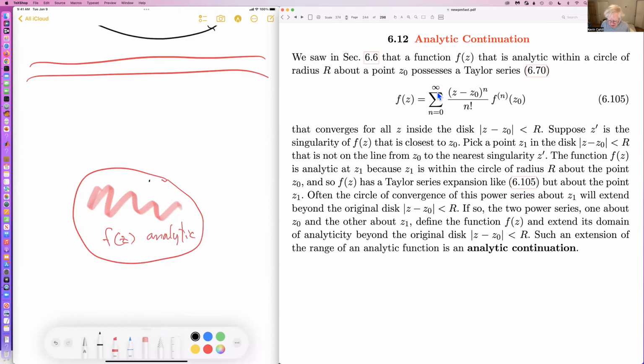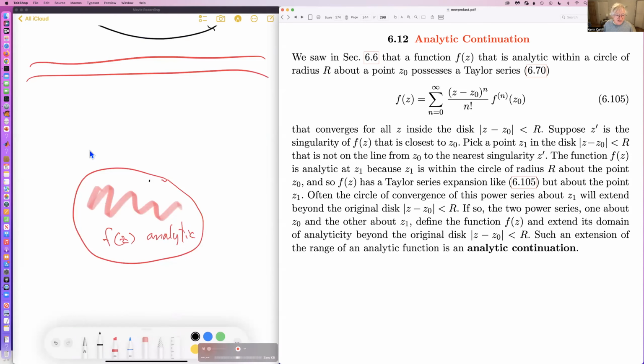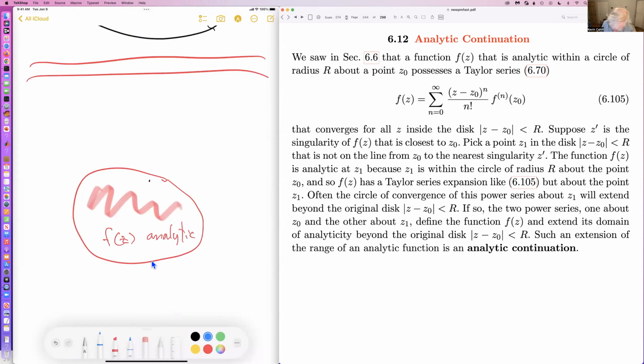If this red line is really the boundary of analyticity, then the biggest circle you could use for a Taylor series around that black point is this. But typically, that would mean that you picked a really crazy point.